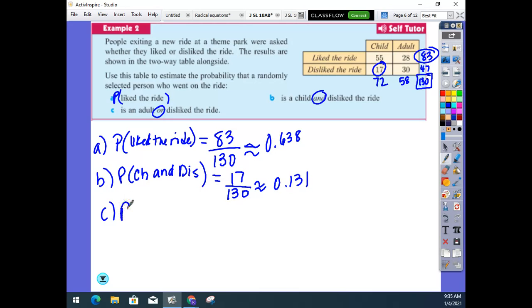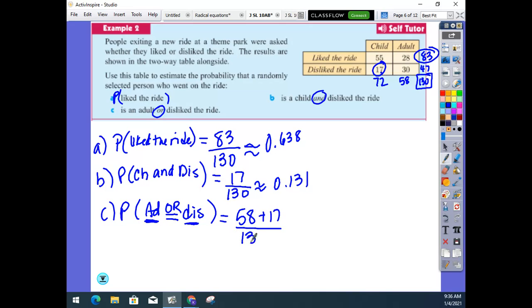All right, probability adult or disliked. Okay, so think about how we would do this. They have to be an adult. So how many adults? We have 58 total. Or they could dislike it. Okay, how many other disliked it? So these were all the adults, but we also have to include the children that disliked it, because they could be an adult or they disliked.